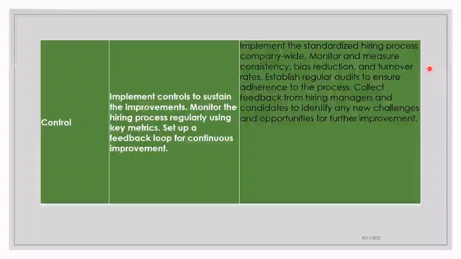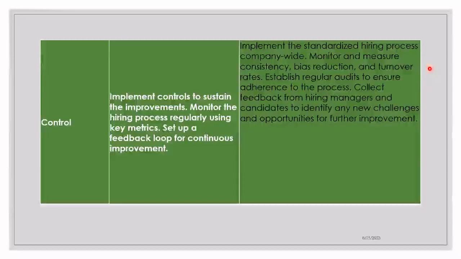Implement control to sustain the new process. Now we have recognized, we have analyzed, and we have designed the improvements. Then it is required to implement and do the controls. Time to time, it is required to monitor for further improvements.